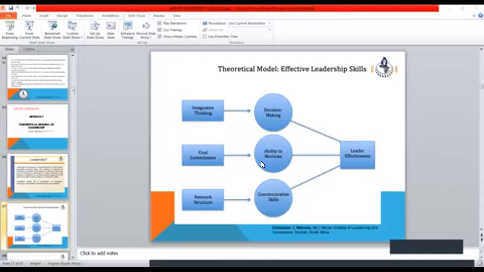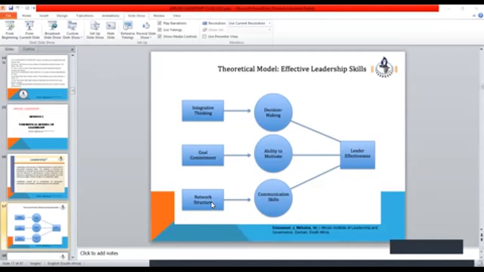But if you are an effective leader, you must have the ability to motivate your team or your organization, even your family or your business, to effectiveness to meet the goal. So there must be goal commitment.